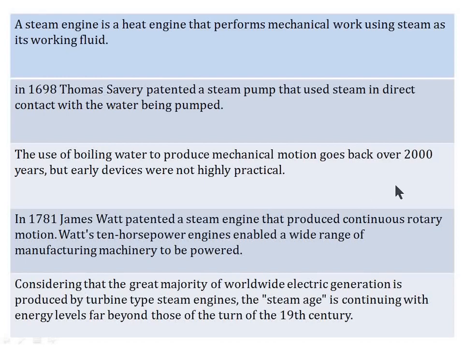Again I'm repeating it. This will be our first according to the timeline because over 2000 years, and in this the person is talking related to boiling water. Next 1698, a steam pump. Steam engine is not introduced yet, so steam pump. Next will be 1781, steam engine is introduced.